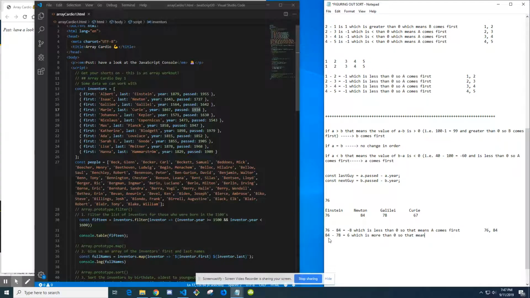So that means A is greater than B. So B comes first. So in this example, 78 comes first. And then 84.